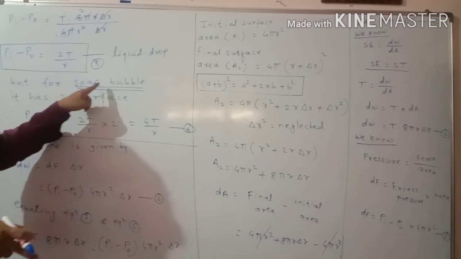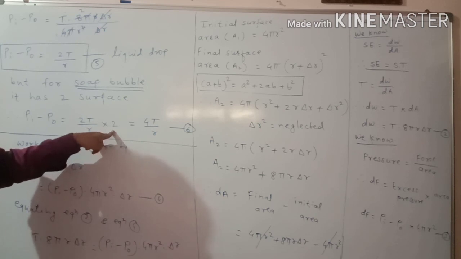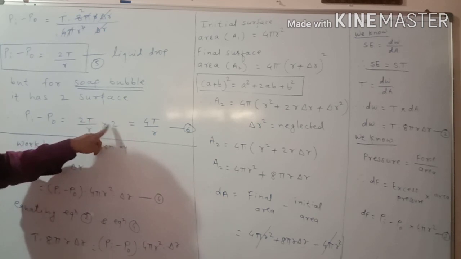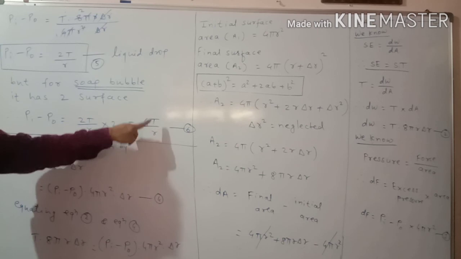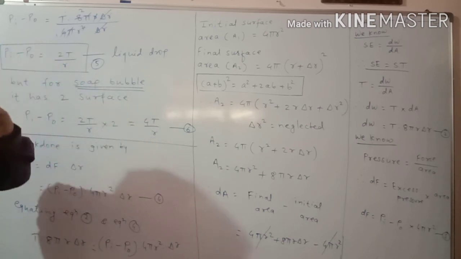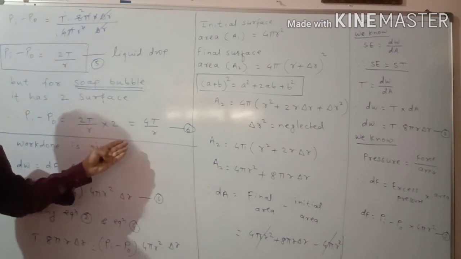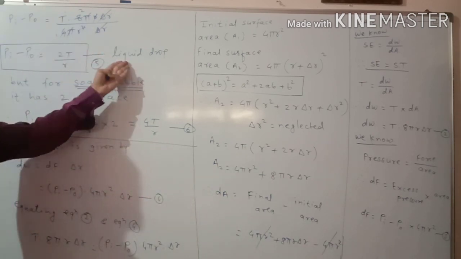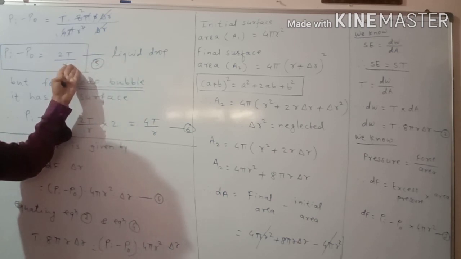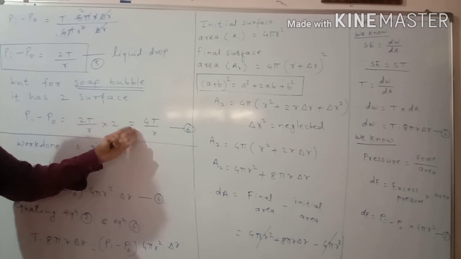Because in case of a soap bubble there are 2 surfaces, so multiplying by 2, we get 4T by R. So is it clear? There is no confusion between liquid drop and soap bubble. If it is a liquid drop, use 2T by R, and if it is a soap bubble, use 4T by R.